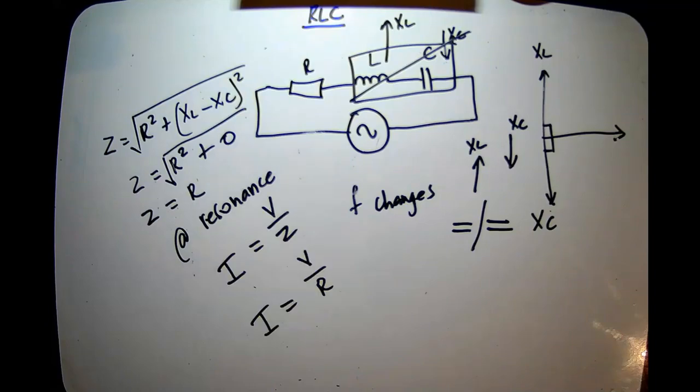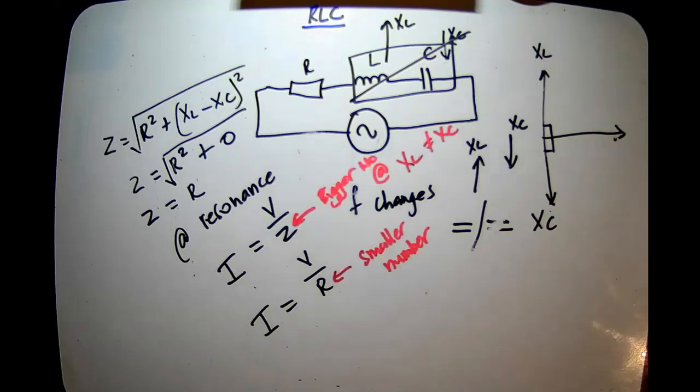Also, I is equal to V over Z to find the current in a series circuit, which is the same at all points of the circuit. So the current in a series circuit is all the same. If Z is bigger, that means XL will not be equal to XC.